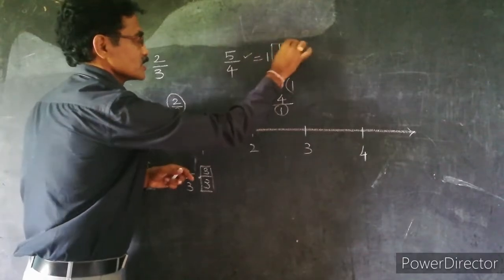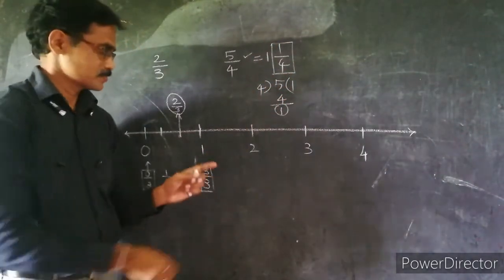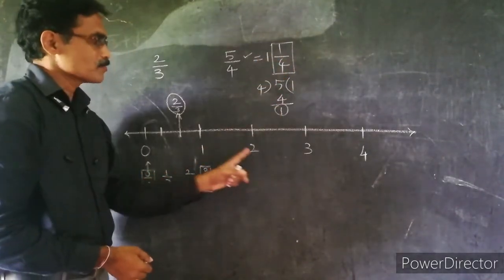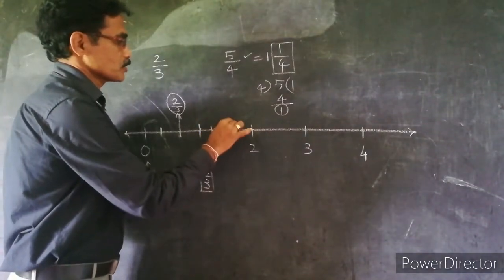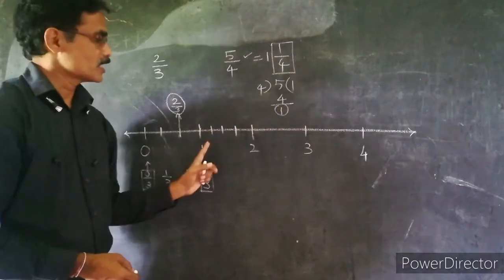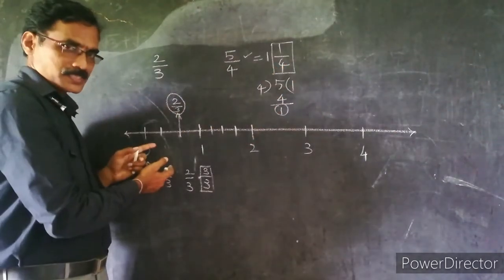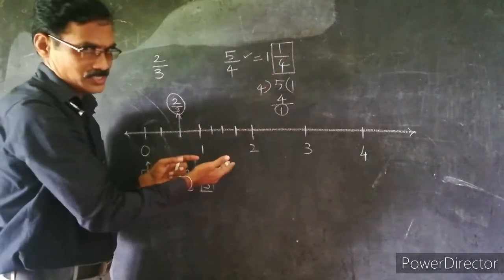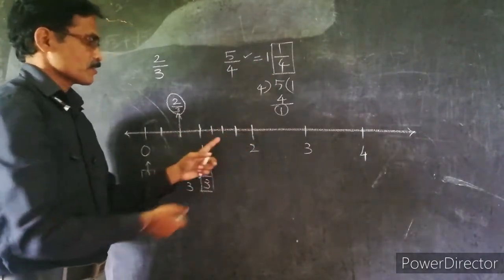Now what is the proper fraction here? 1 by 4. The denominator is 4, so you have to make 4 equal parts. We apply the same principle again, because a proper fraction is there. After getting the whole number, you go to the proper fraction.